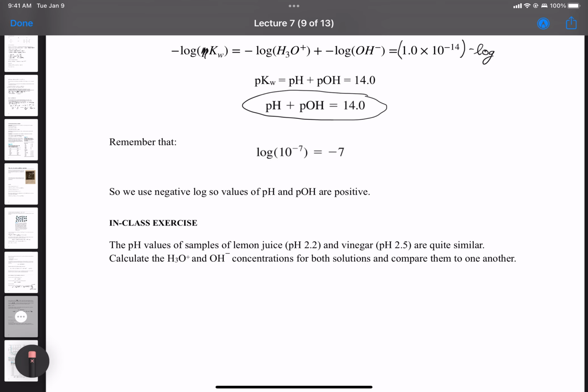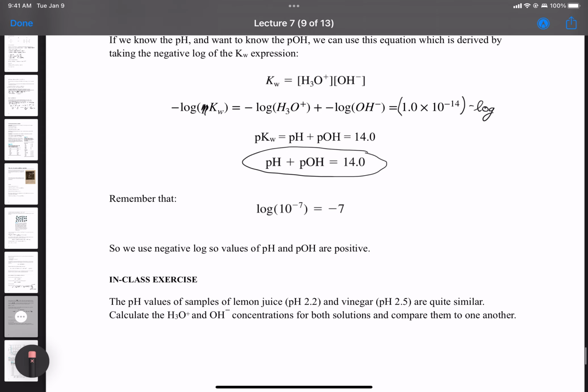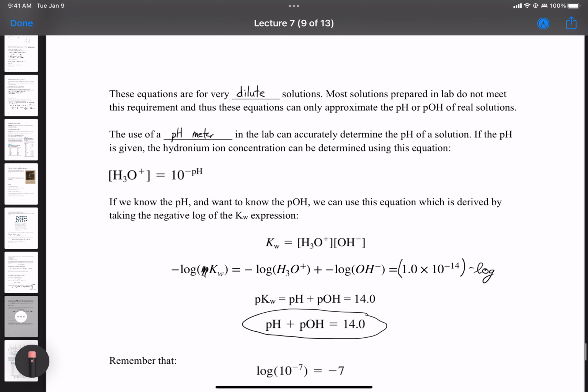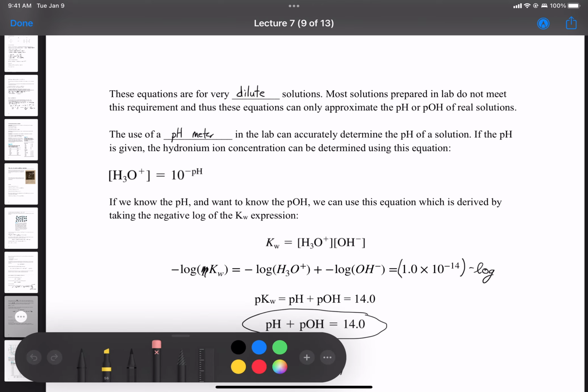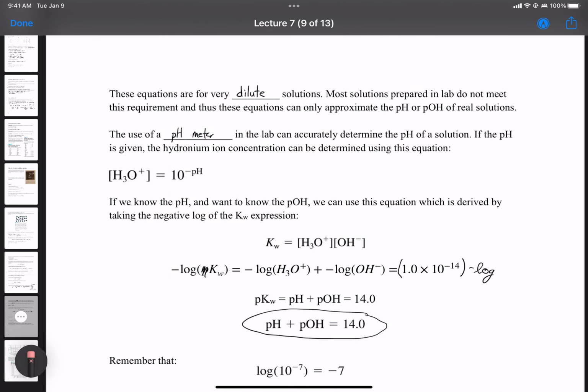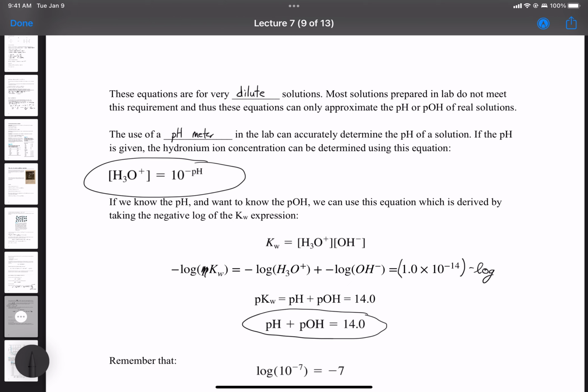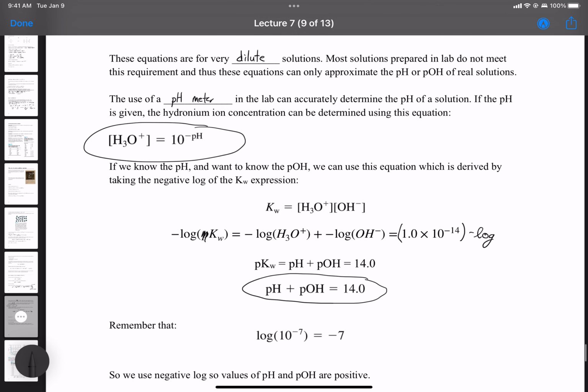Okay, so first let's write the equations we know for concentration. If we scroll back up here, we want to use this equation right here. We're going to put this in our calculator. To do this, you're going to use the anti-log button, which is on your calculator as 10 to the power of x, and that's for log base 10.